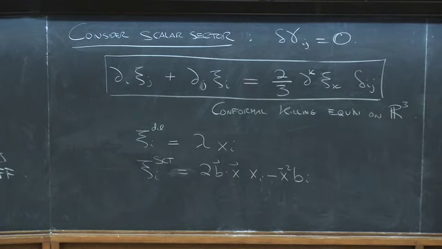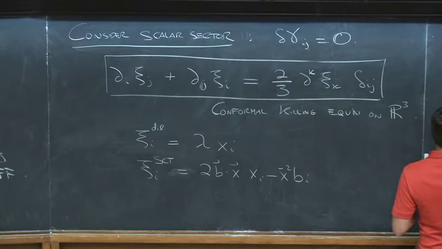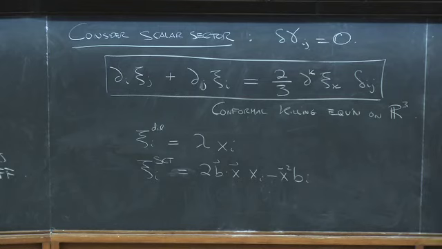it's 1 plus x dot grad zeta. And under an SET, it's given by 2b dot x plus 2b dot x xi minus x squared bi zeta. Okay.